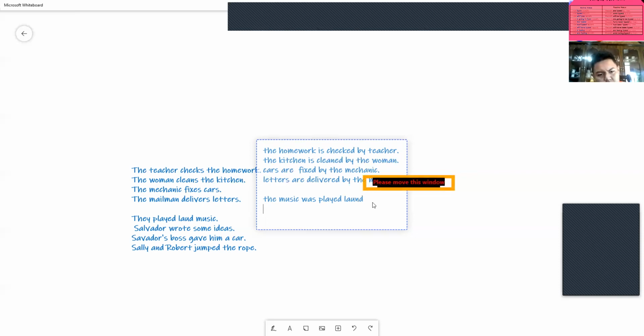Salvador escribió alguna idea. Entonces sería Salvador. No. What is your object? Enfócate en el objeto, no en el sujeto.